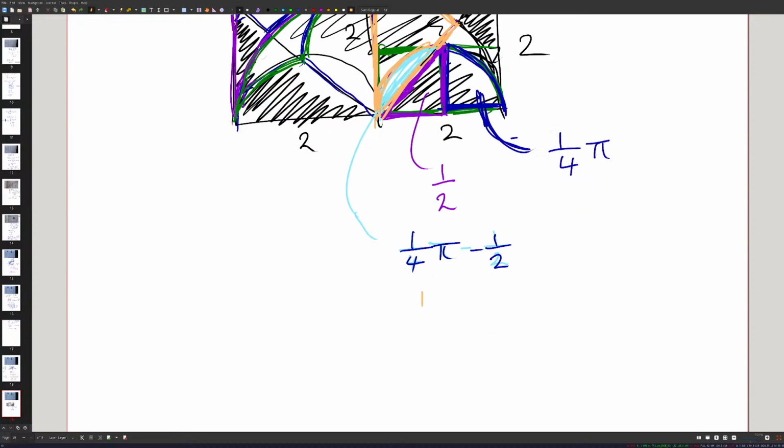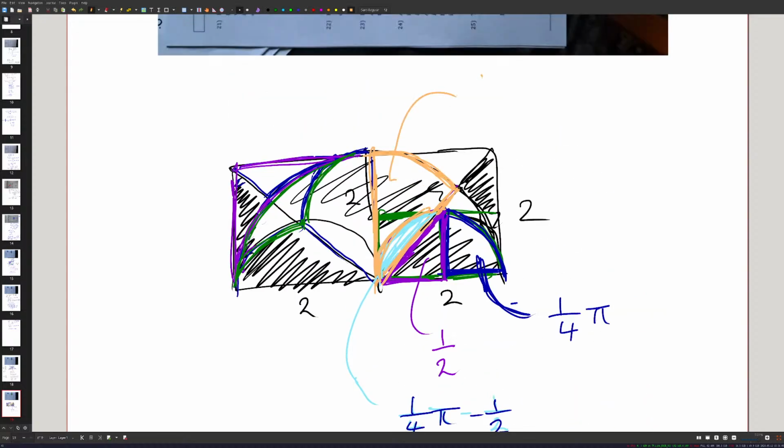So that's 1/8 of pi times 2 squared. So that's a half pi minus a quarter pi plus a half. So its area is a quarter pi plus a half. Yeah.